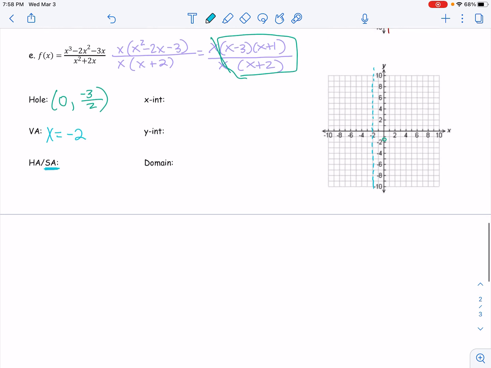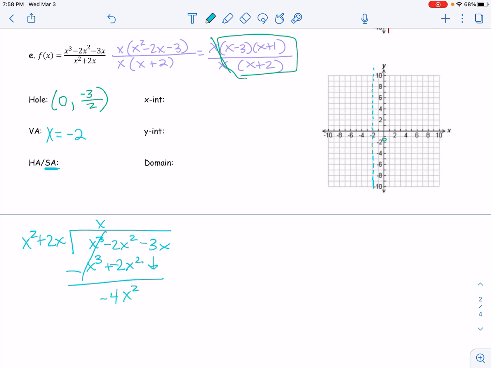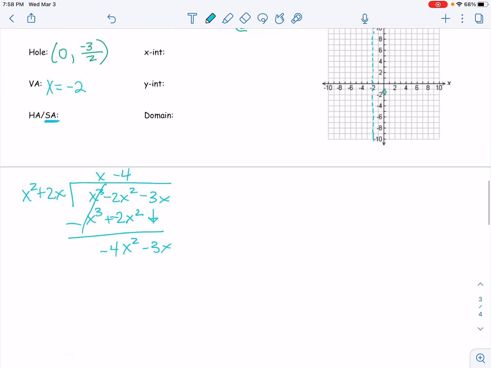But if you use the original, that's x squared plus 2x divided into x cubed minus 2x squared minus 3x. This would give you x. This would give you x cubed plus 2x squared. Draw the line, change the sign, cancel it out. This would now be a negative 4x squared minus 3x. How many times is x squared going to negative 4x squared? Negative 4 times. And technically I can stop there because I know that everything I'll get after that is going to be part of the remainder.